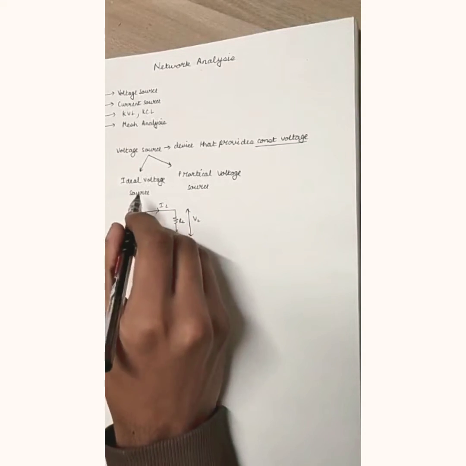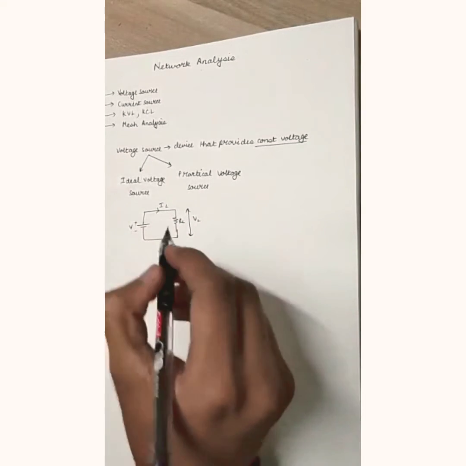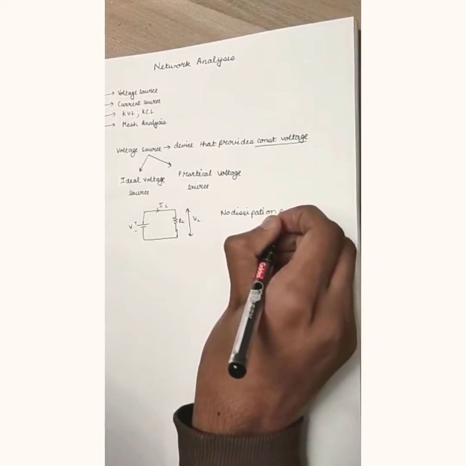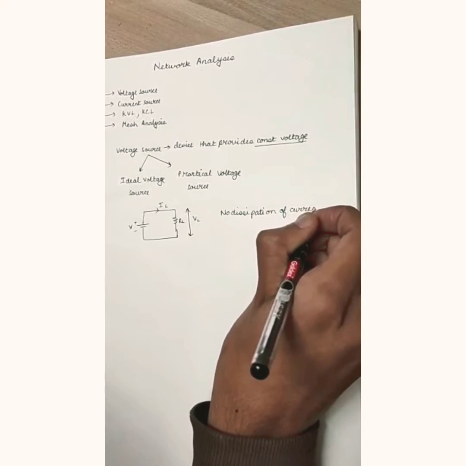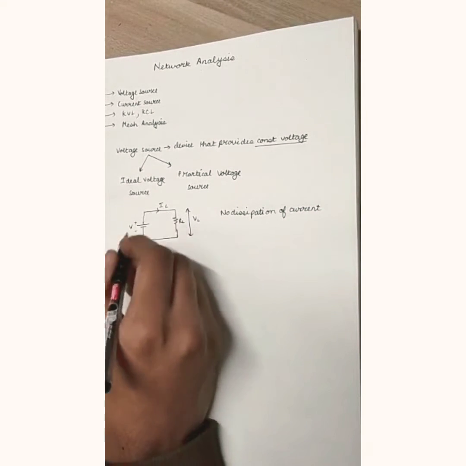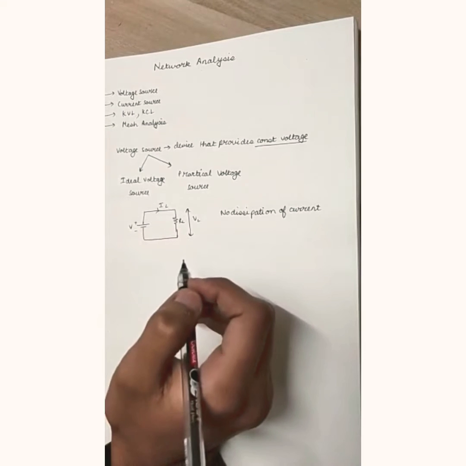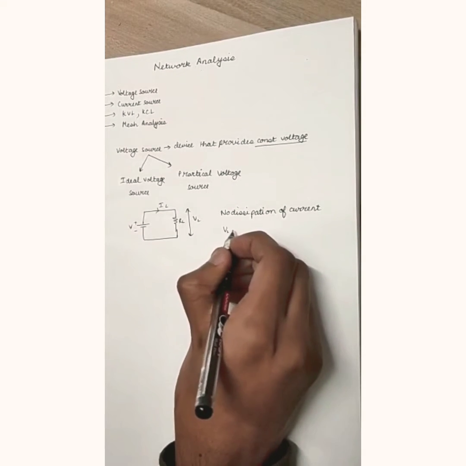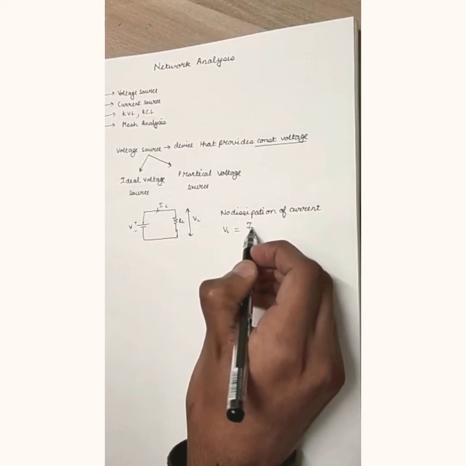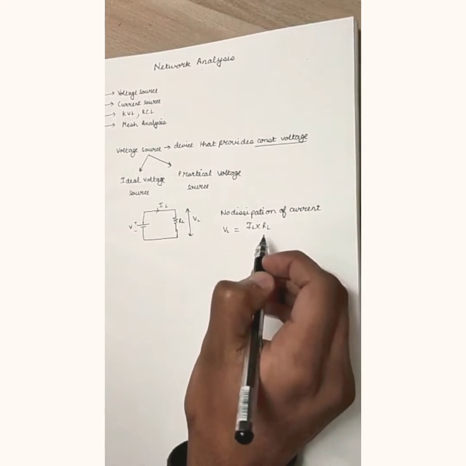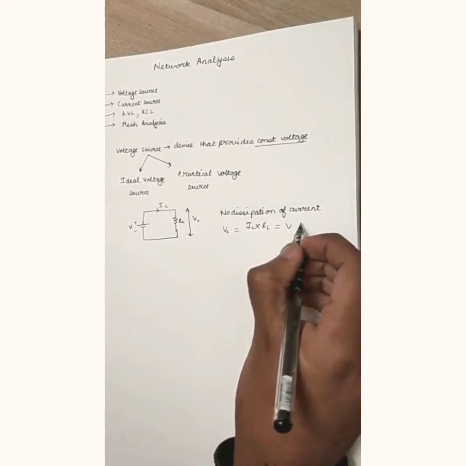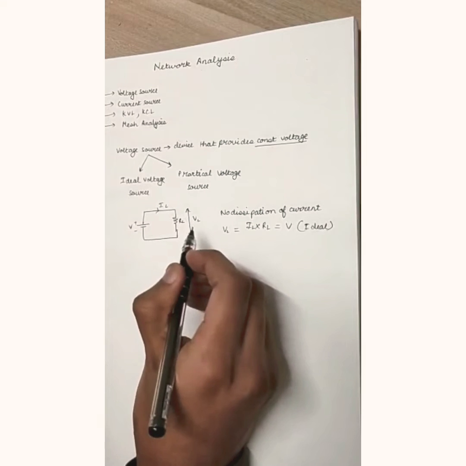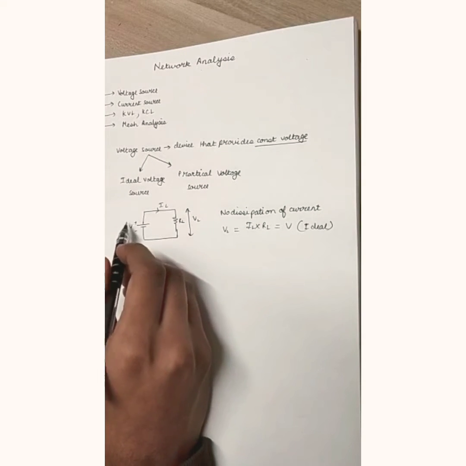If it is an ideal voltage source, there will be no dissipation of current, which basically means that the wires in this circuit do not have any resistance. So if we apply Ohm's law, VL will be equal to IL into RL, which will be equal to V. This is in the ideal case. The voltage across this resistor will be equal to the voltage applied by the battery.